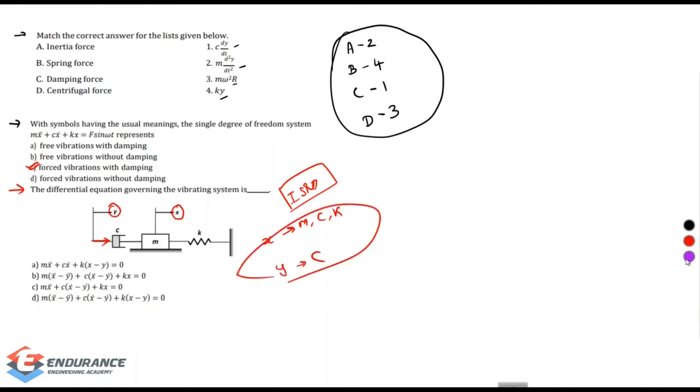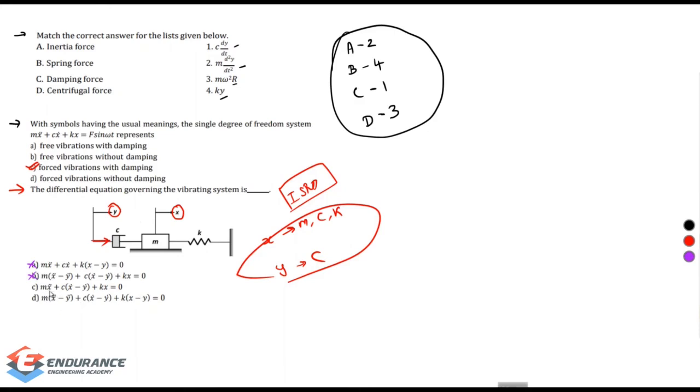So check the options, whichever is matching, based on the equation of motion. Obviously the first option is wrong because k has been given as x minus y. Second option, mass is also having both the components, wrong.